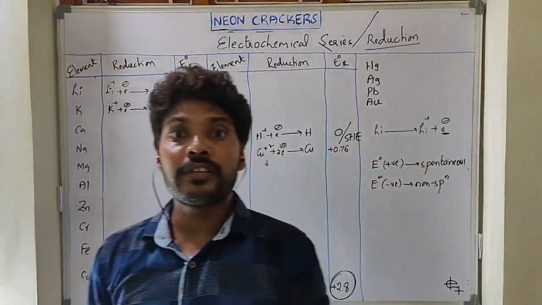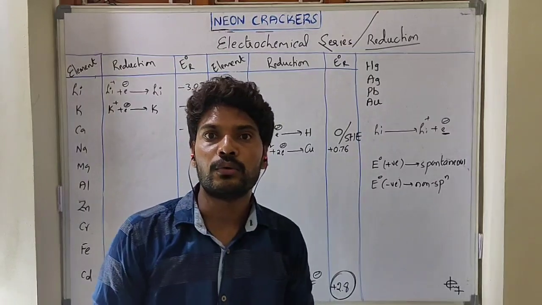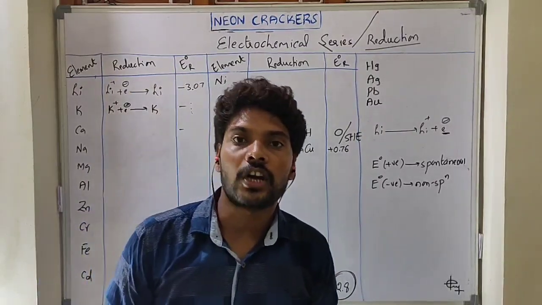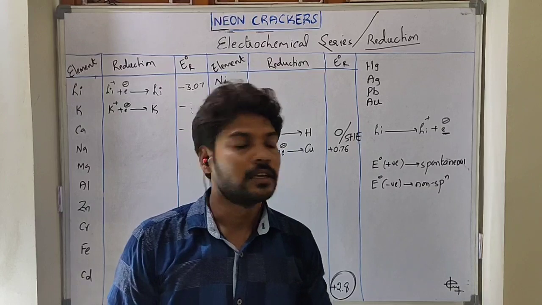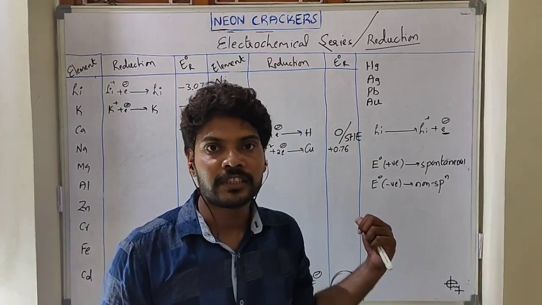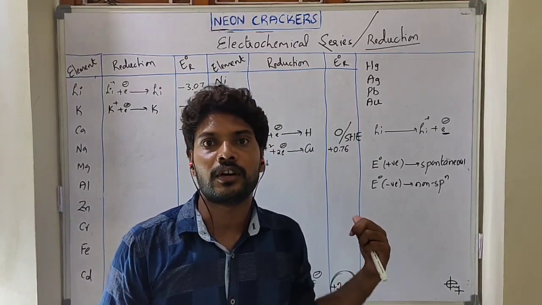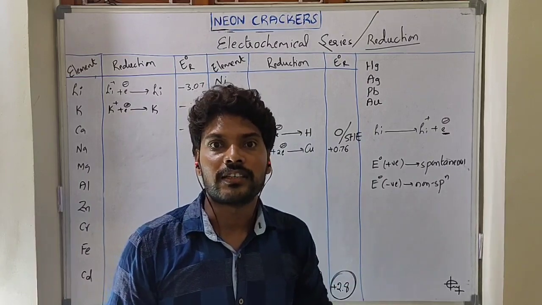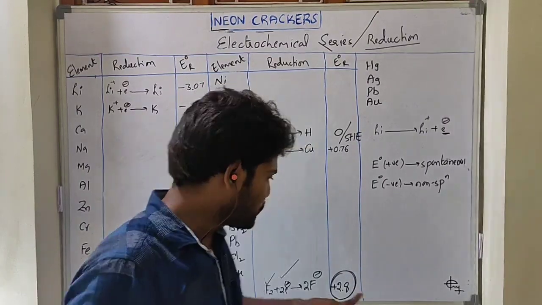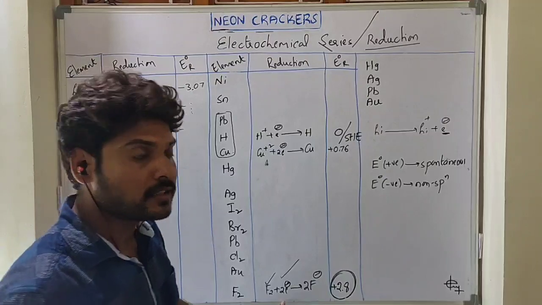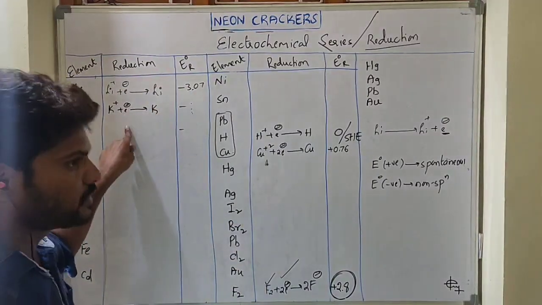So the element which has a more negative reduction potential is a stronger reducing agent, and the element which has a more positive reduction value is a stronger oxidizing agent. So more positive value, oxidizing agent; more negative value, reducing agent.